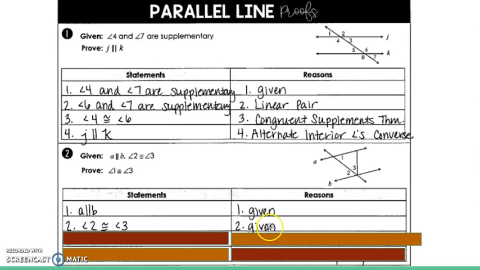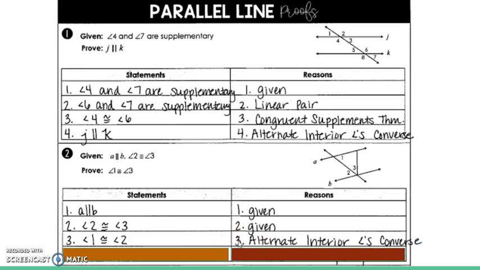If I look at my picture, I see that I somehow need to bring angle 1 into the equation. Well, angle 1 and angle 2 are alternate interior angles. I have my parallel lines and I have this transversal. So I can also say that angle 1 is congruent to angle 2 due to the alternate interior angles.